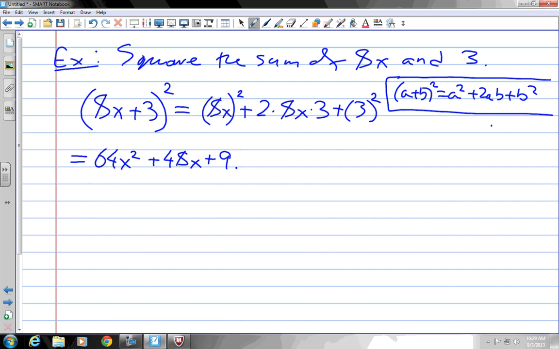You always do the double, because of that 2. 2 is part of the formula. That middle term, I call that middle term double product. You multiply two things inside the parentheses, and then you double. So 8x times 3 is 24x, double that, 48. And then the last term squared.